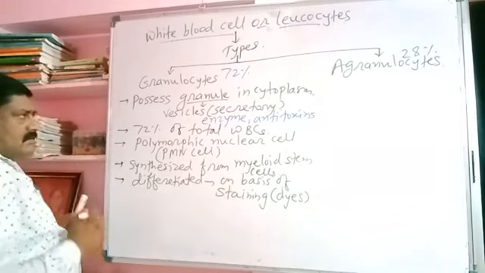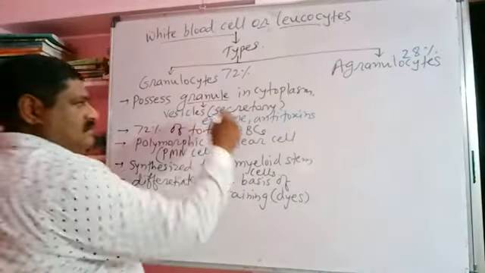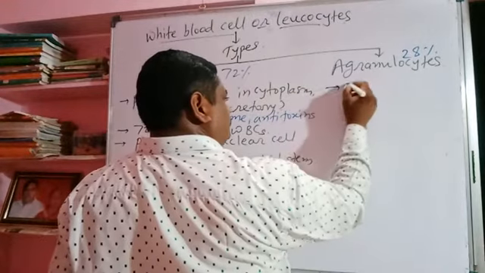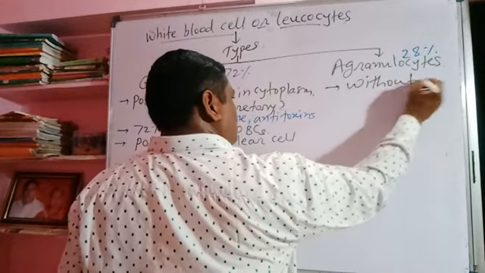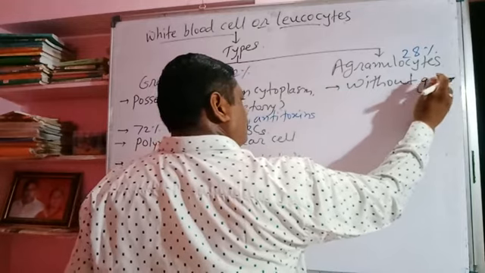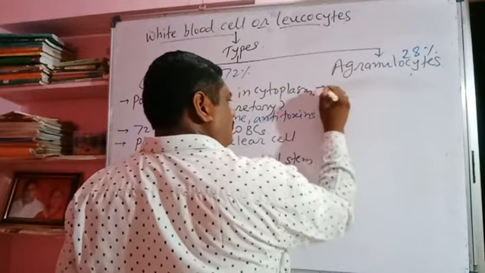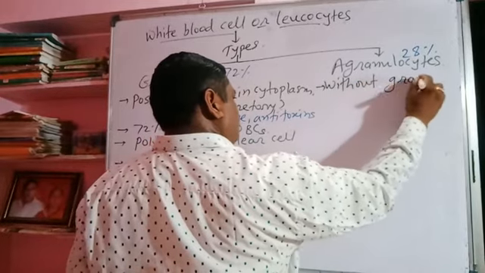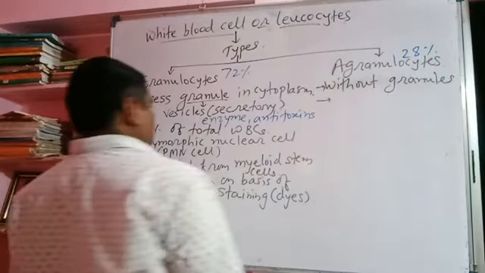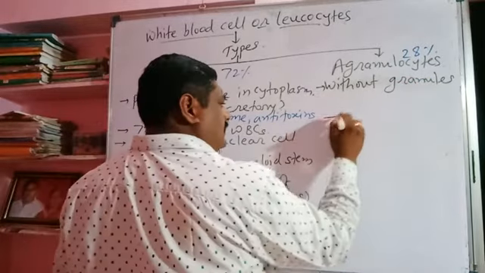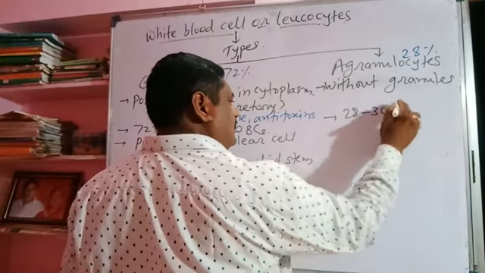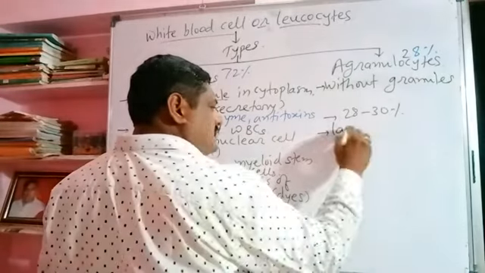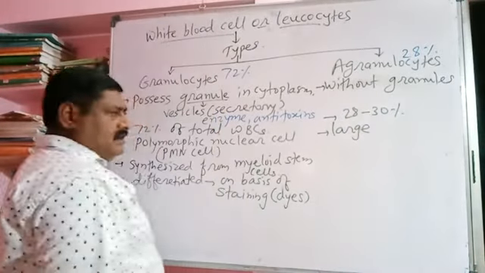Granulocytes have granules in their cytoplasm, while agranulocytes do not possess granules in their cytoplasm. They are about 28 to 30% of the total WBC. Their nucleus is large but not lobulated.